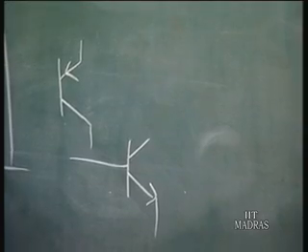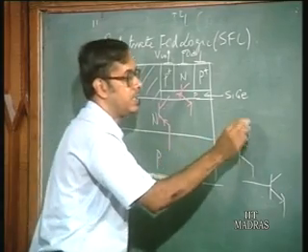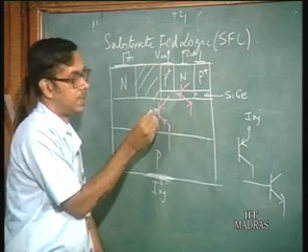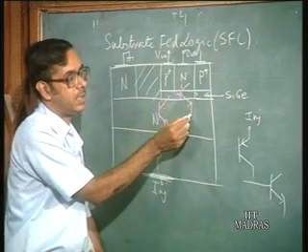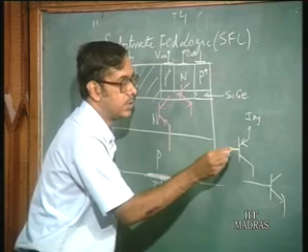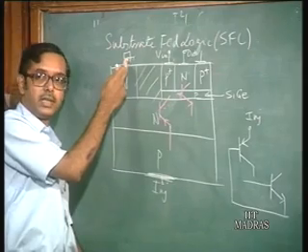The PNP emitter is the injector point. The N of the PNP, that is the base of the PNP, is the same as the emitter of the NPN, and this point is actually grounded here.